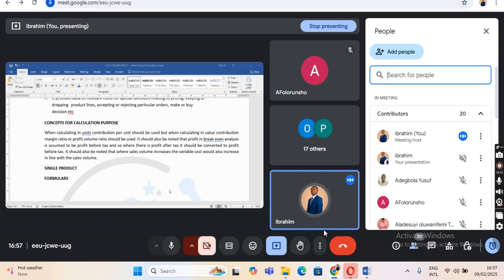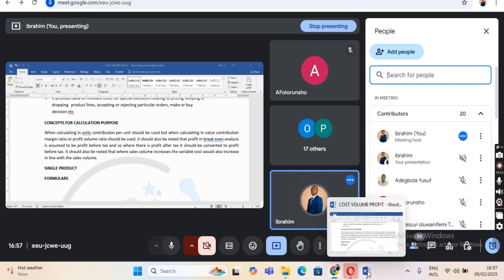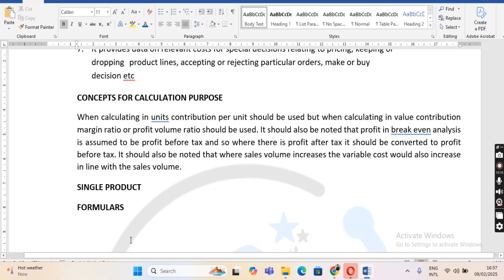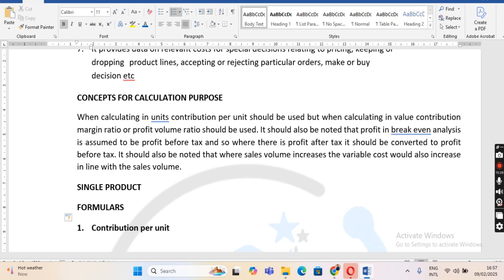The first thing, the question may say, is your contribution. Let's say contribution per unit, class. Contribution per unit is calculated as equals to your selling price minus your variable cost per unit.